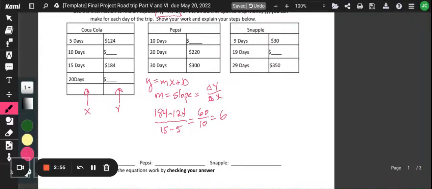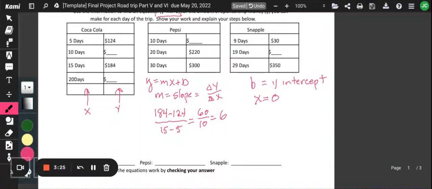Now, to find b, remember b equals the y-intercept, and that is asking us what is y when x equals 0.